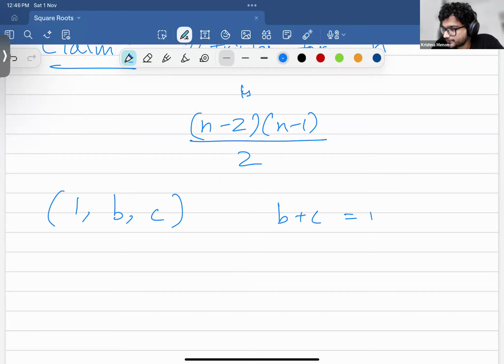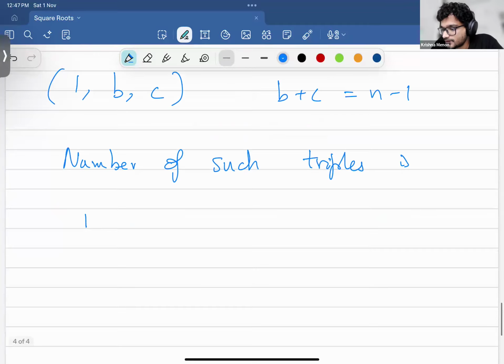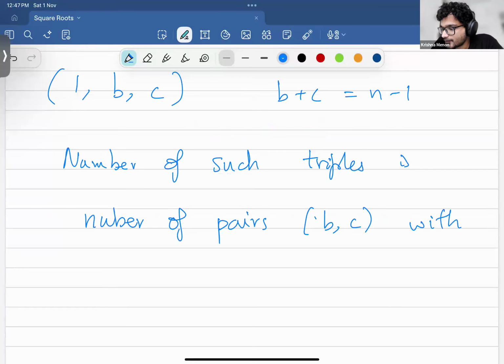So the number of triples 1, comma B, comma C is the same as the number of pairs B, comma C such that B plus C is N minus 1, and this is exactly N minus 2.